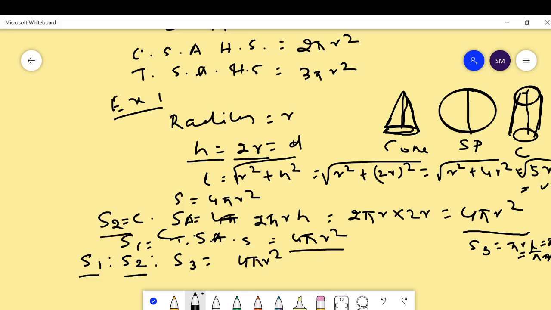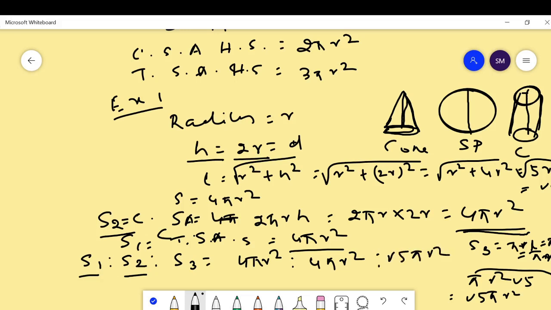The curved surface area of the cylinder is also 4 pi r square. And the curved surface area of the cone is equal to pi r l, which is root 5 pi r square. Then they are in the ratio 4 : 4 : root 5.